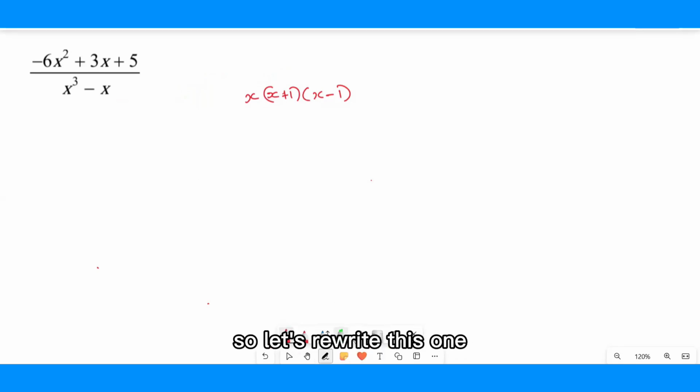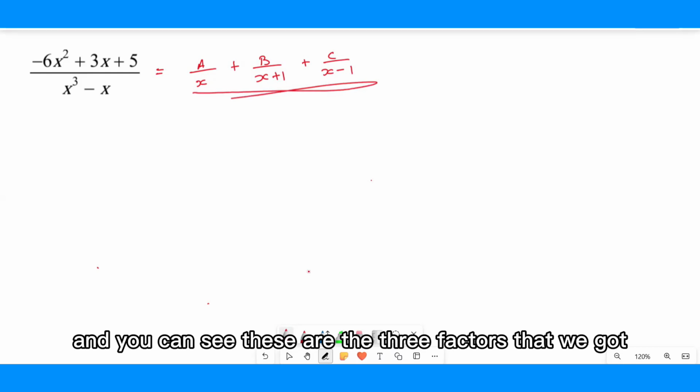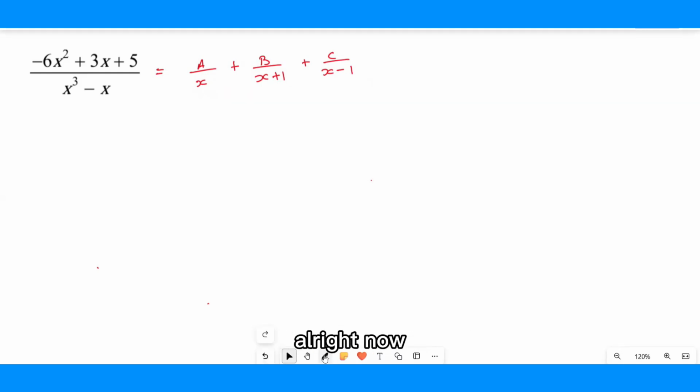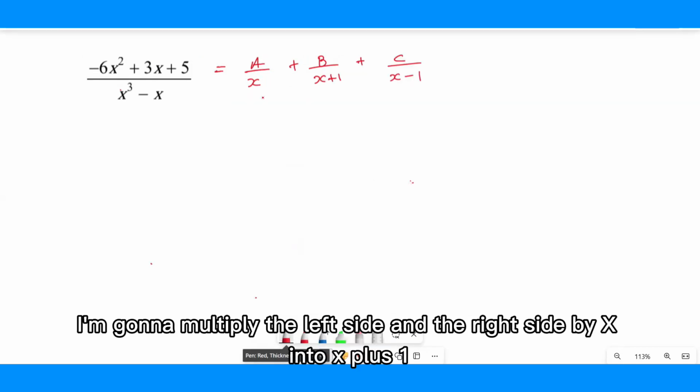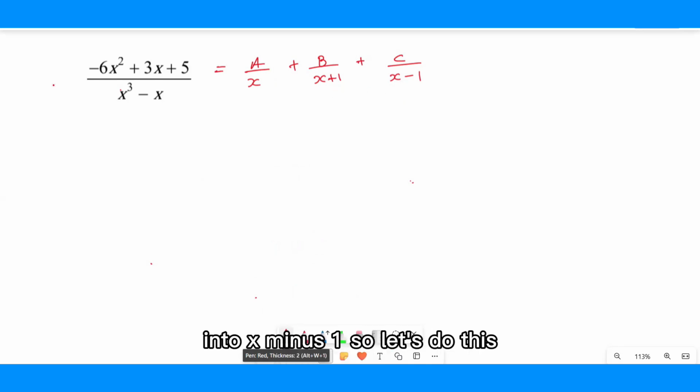All right, so let's rewrite this one. You can see these are the three factors that we got. Now I'm going to multiply the left side and the right side by x times x plus 1 times x minus 1. So let's do that.